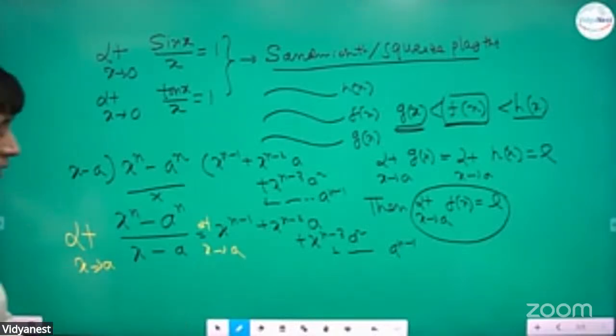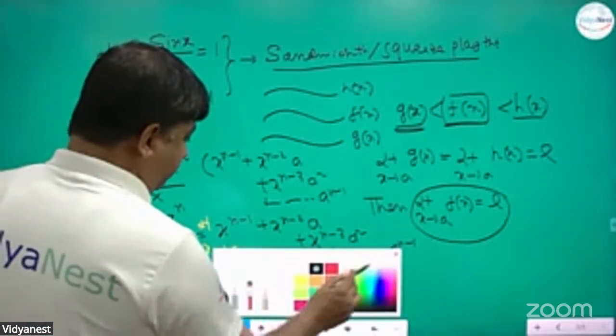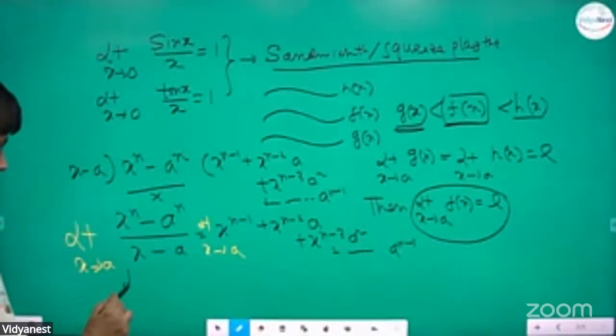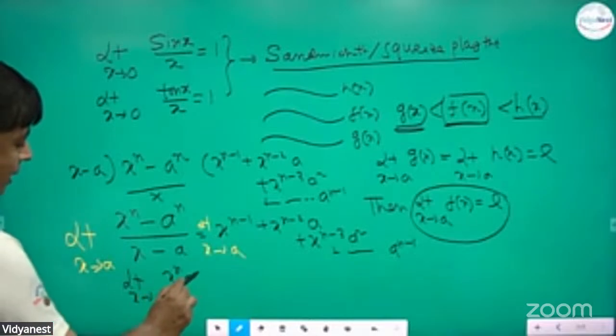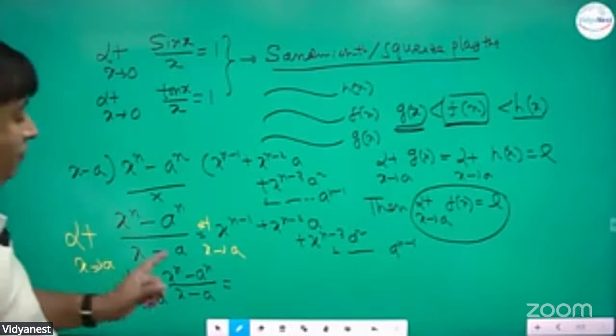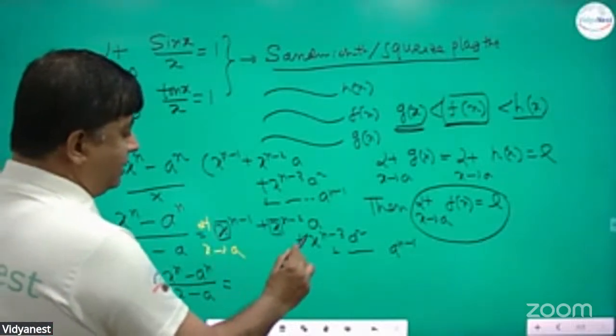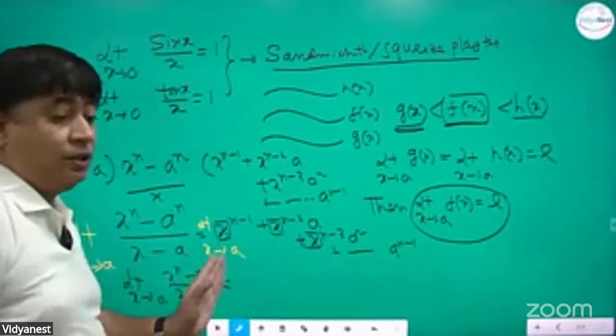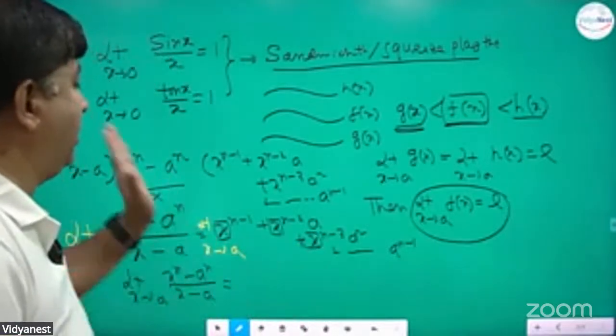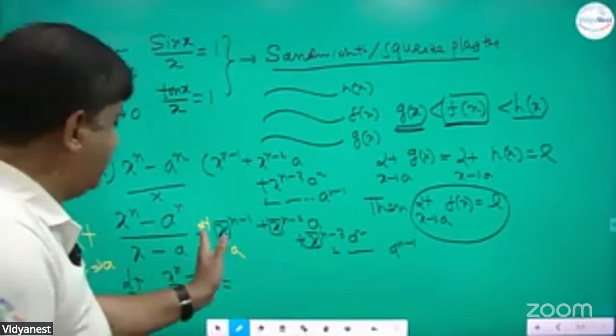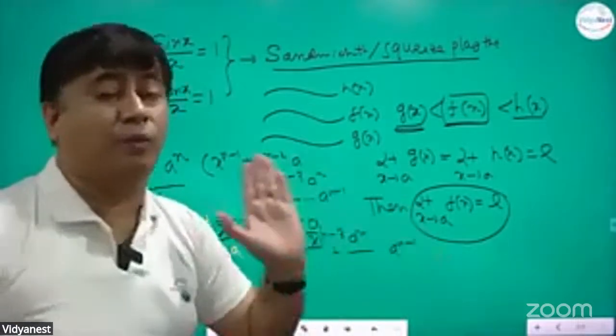Once you take the limit, the left hand side will have no change, but you observe that in place of x, if I put a, will that give you a finite or defined value? Yes, because there is nothing in the denominator but 1.